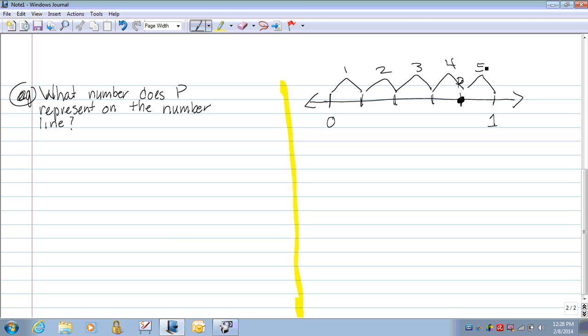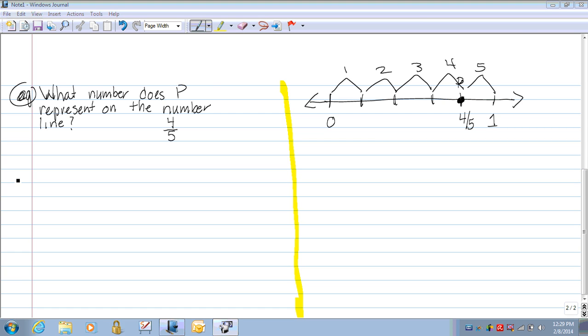That means that this number section is divided into fifths. That would be, in a fraction, the number in the denominator. When I look at point P and I count 1, 2, 3, 4, it is at 4 parts out of 5 on that number line. So point P would be at 4/5. Push pause.